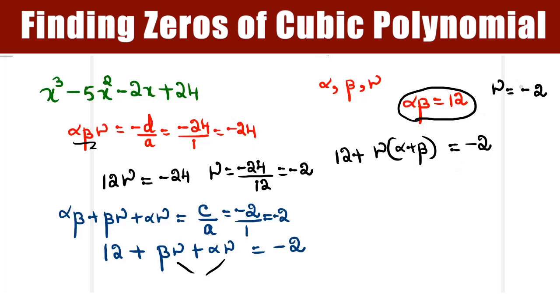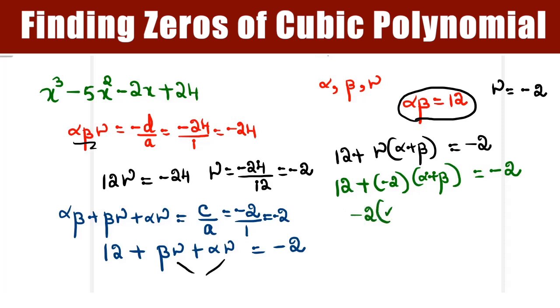Now, we know the value of gamma is minus 2, so I'm going to substitute that in this equation. So, 12 plus minus 2 into alpha plus beta is equal to minus 2. So, let's calculate this and simplify. I'm going to take this 12 to the other side.